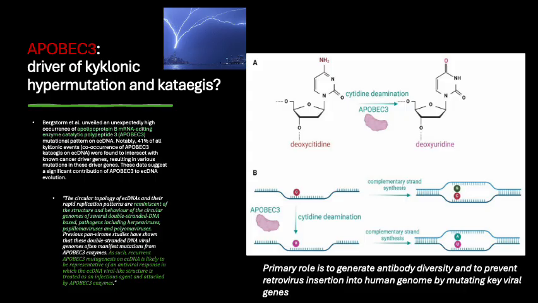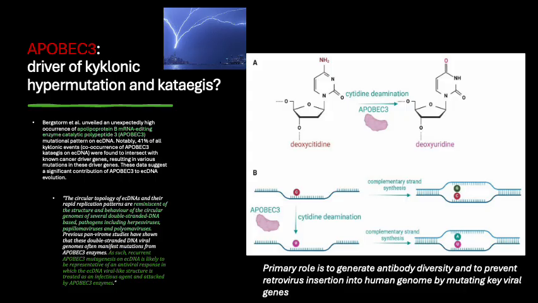Well, certain retroviruses, as you may recall, like HIV, they insert their genetic material back into our genome. And so to prevent that, APOBEC3 kind of like a lightning strike mutates parts of the retrovirus in order to kind of prevent the genetic material from being transcribed properly and the proteins to be expressed properly. So APOBEC3, it normally targets retroviral genomes.